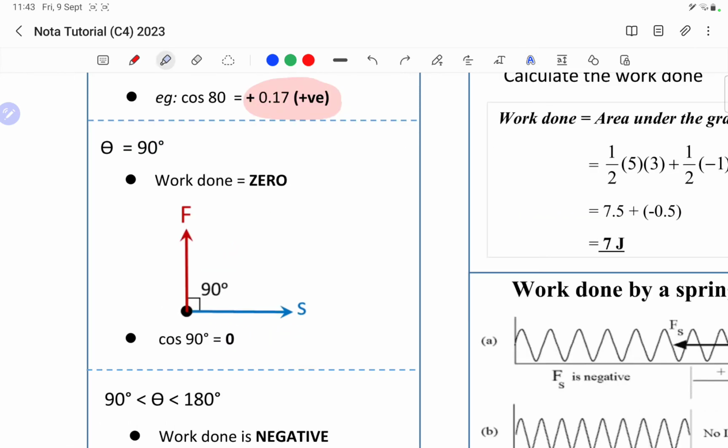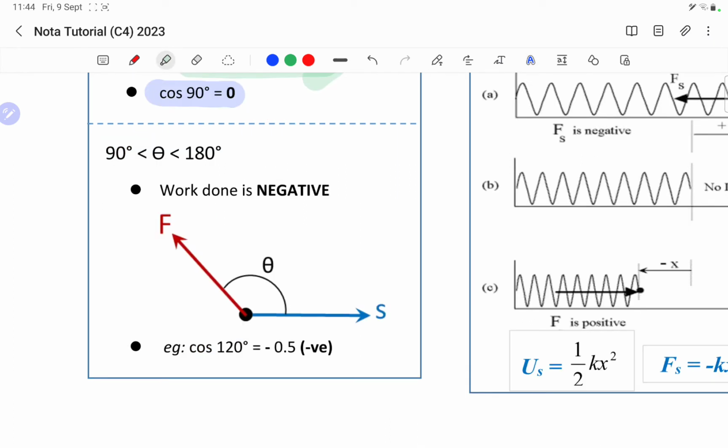Work done is 0 when the angle is 90 degrees. Cos 90 always gives you 0. So the force applied on the object is not even helping the object move in this direction. So the work done by the force is 0. Next, work done is negative when the angle is between 90 degrees and 180 degrees, or equal to 180.